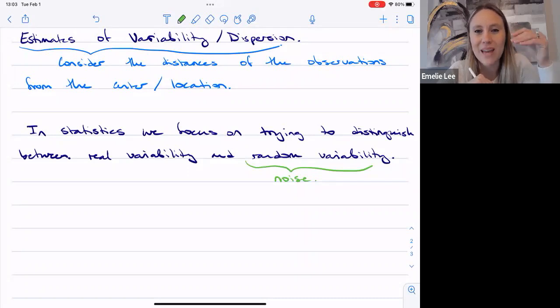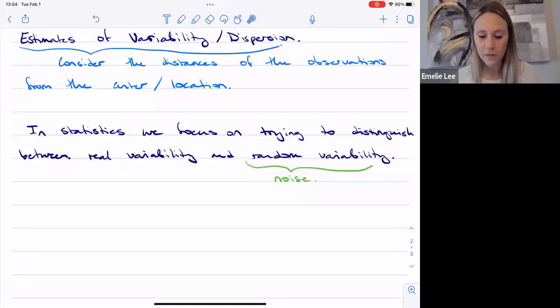But if we have some new breed of mosquitoes being introduced that are typically larger, is that real variability from the mosquitoes we're used to seeing, or is that just randomly larger mosquitoes? That would introduce this noise.